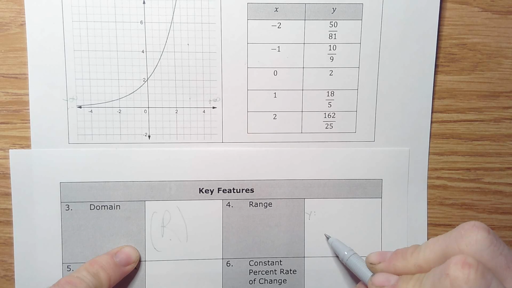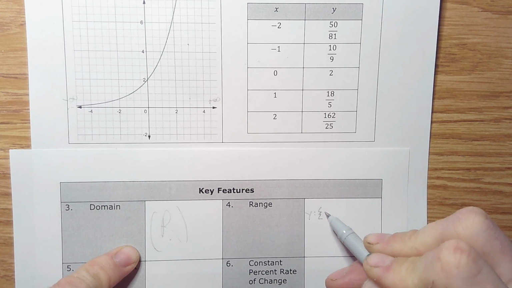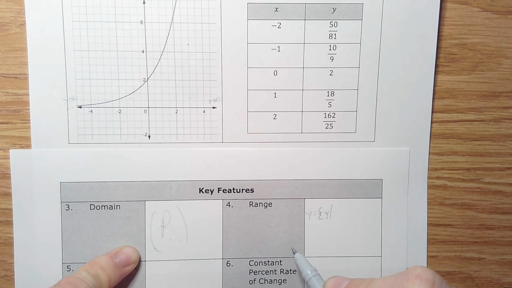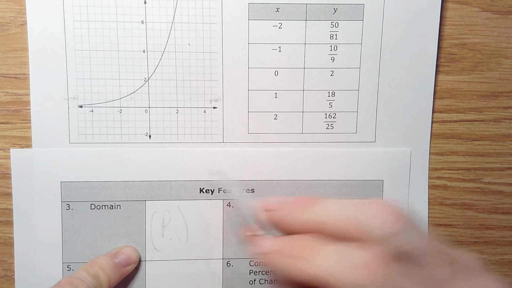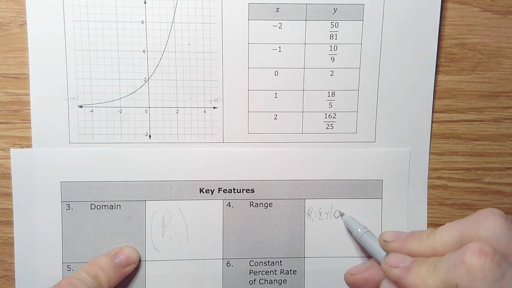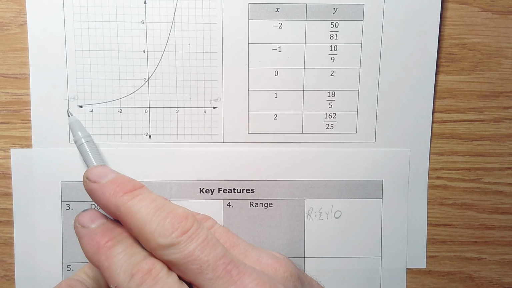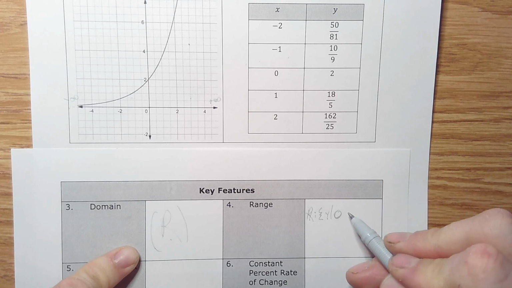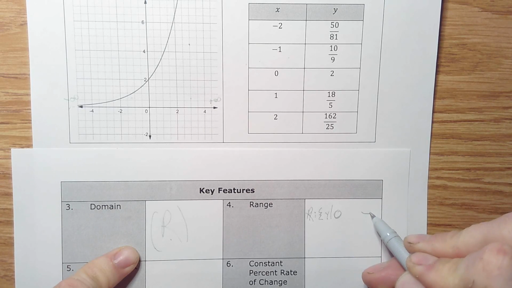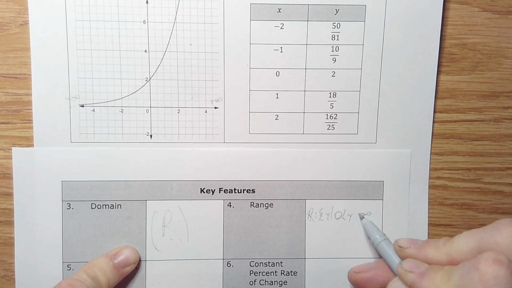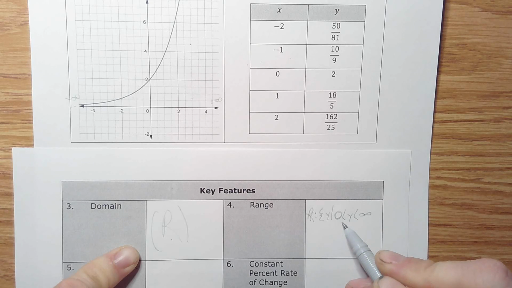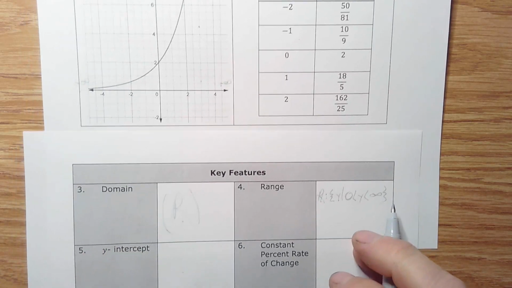All values of y such that y is greater than 0. As x goes infinitely negative, y will be closer to 0, and y is going to be somewhere in between. It'll never reach 0 and never reach infinity, so I leave them unbracketed.